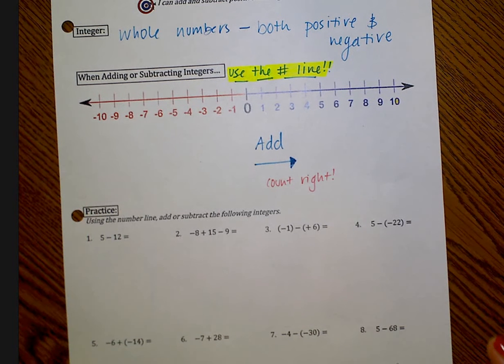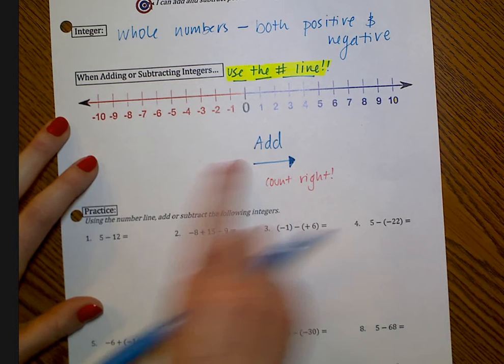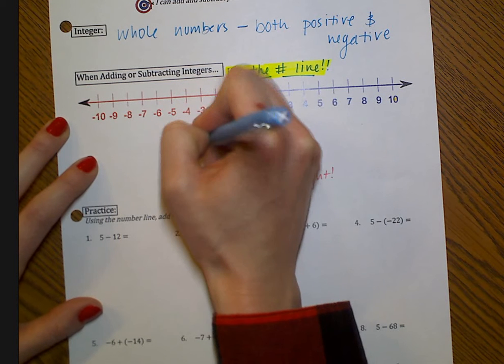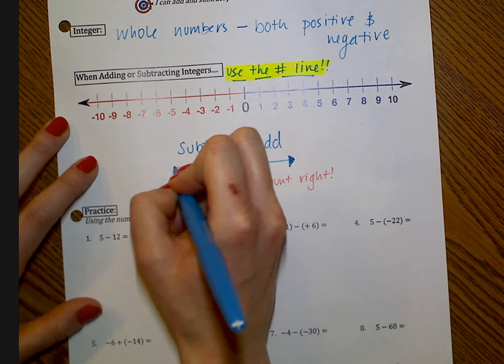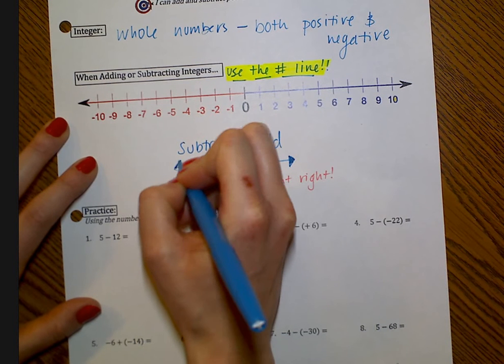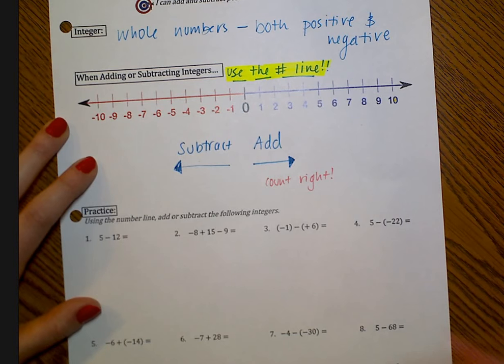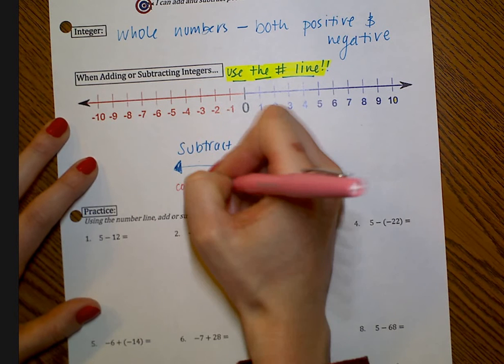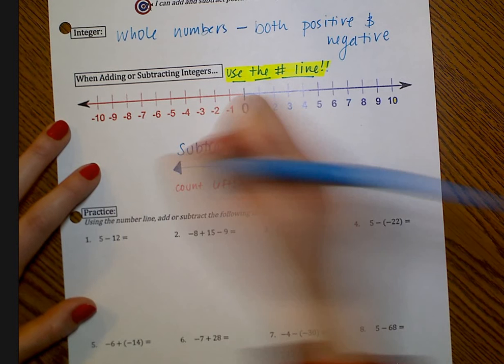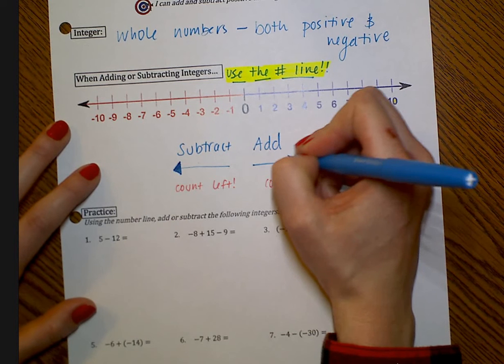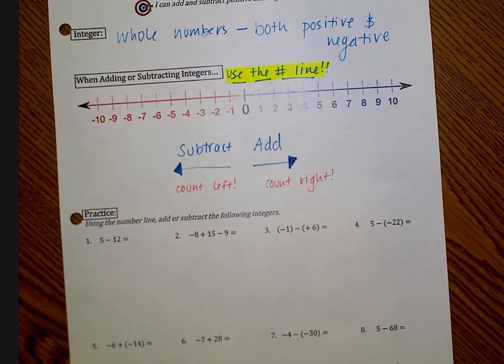Just like with adding, then, subtracting, you won't count right, you will count to the left. So I'm going to do the same kind of thing. If I'm subtracting, I'm going to count left. So that's it. It's a pretty basic concept, but it really does help so much when you're going to figure out what these problems equal.